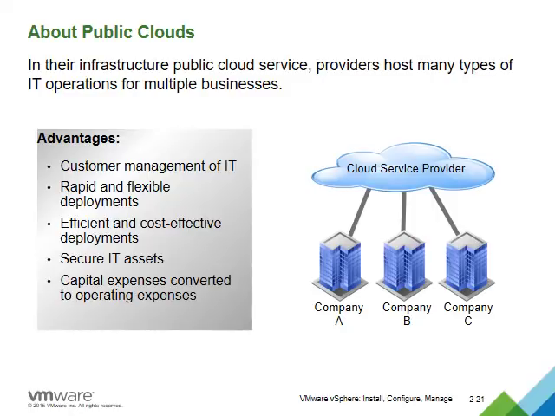A little bit more about your public clouds and their infrastructure. The public cloud service providers have many types of operations for multiple businesses, basically your IT operations. Looking at this slide, it is somewhat in the same way that internet service providers can host websites for businesses; cloud service providers host IT operations for multiple businesses.